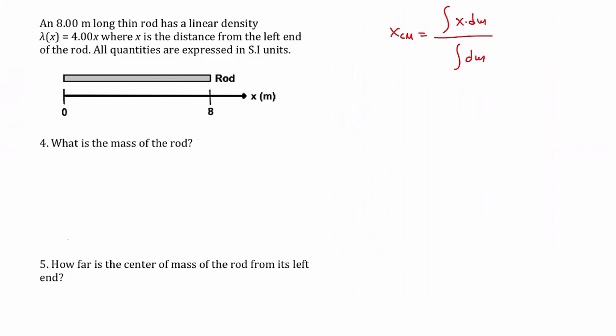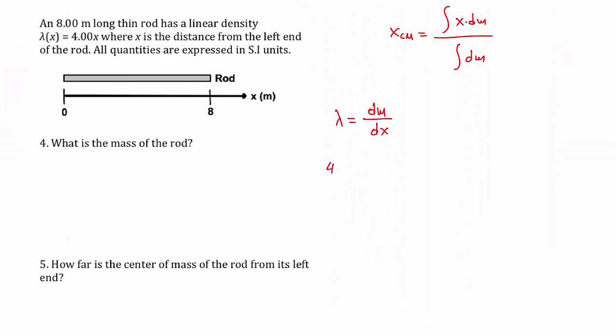Now, the given in these questions usually is the linear mass density. The definition of the linear mass density lambda, if it is uniform, means mass over length, but for a non-uniform object, it means dm over dx. So we know the linear mass density.